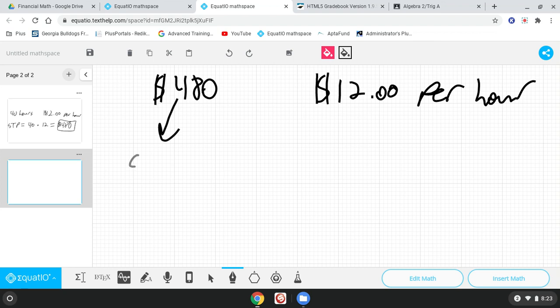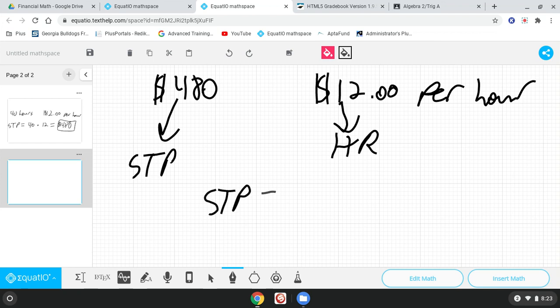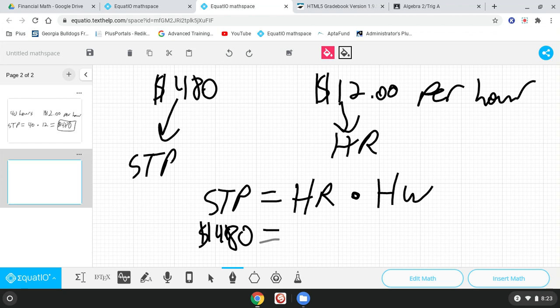So this is going to be your STP, and this is going to be your HR, and HW is hours worked. So we're just going to take that and plug it into this equation. STP equals HR times HW. So we're going to have 480 equal to $12 times HW. And HW is what we don't know.